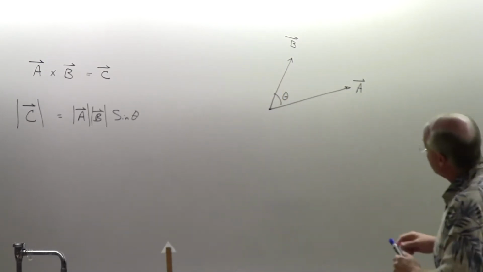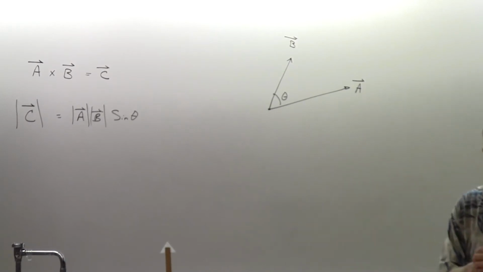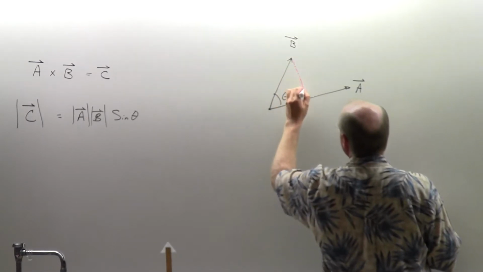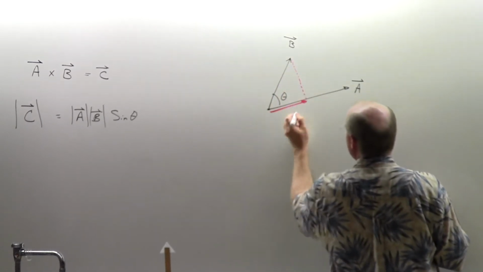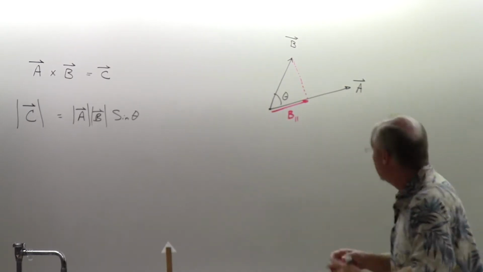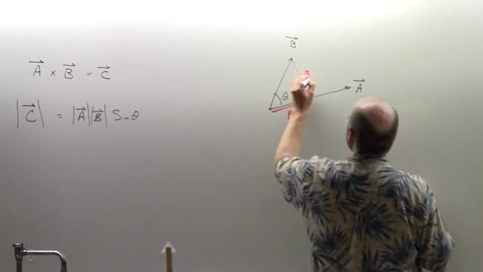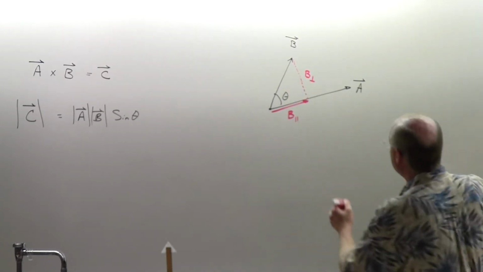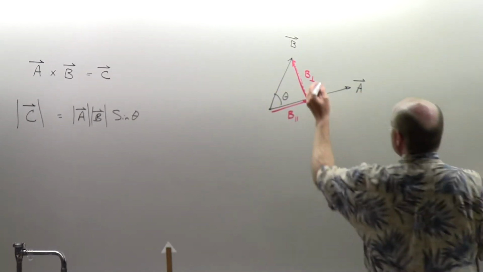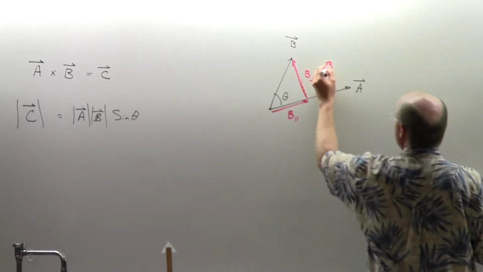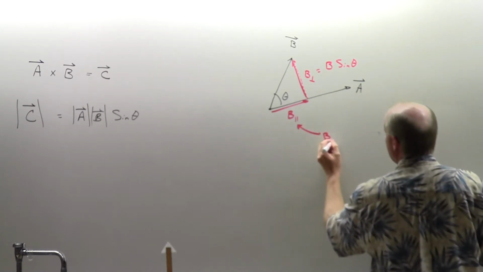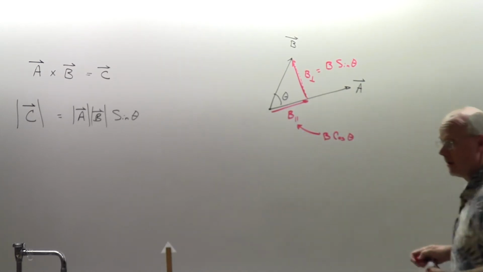If you break the vector B into its components, here is how much of B is parallel to A, and here is how much of B is perpendicular. I'm hoping you can see that this perpendicular piece is B sine theta, where the parallel piece was B cosine theta.